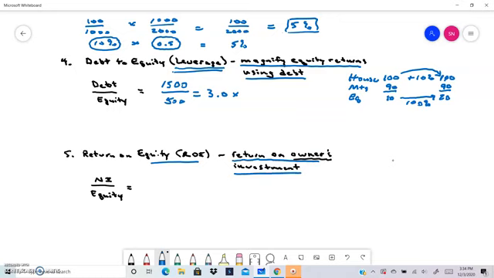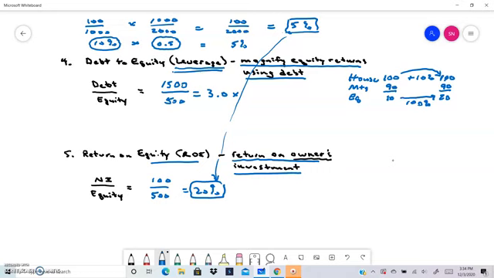So net income to equity, net income was 100, equity was 500, and that was 20%. It's a 20% return. So if you remember, we went from 5% return on assets up here to 20% return on equity. And the reason that was magnified is it was magnified due to leverage.